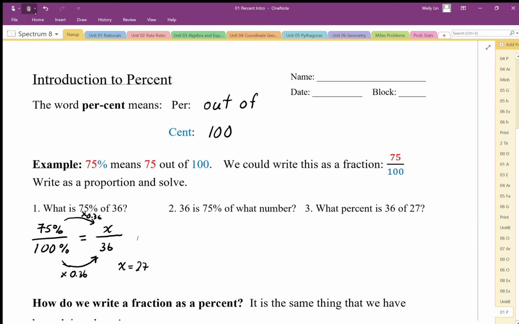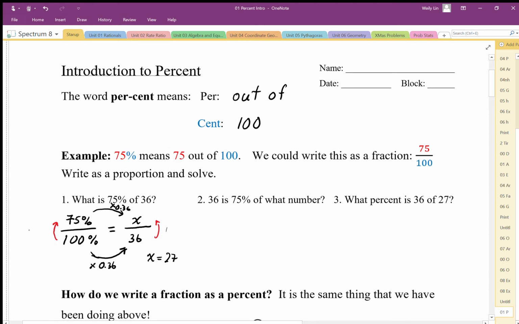Now it's important to understand that in this proportional equation there is a left and right multiplier, but there's also an up and down multiplier. And here's our up and down multiplier. And this is the one we're going to start using a bit more. For this multiplier, for any multiplier I divide.